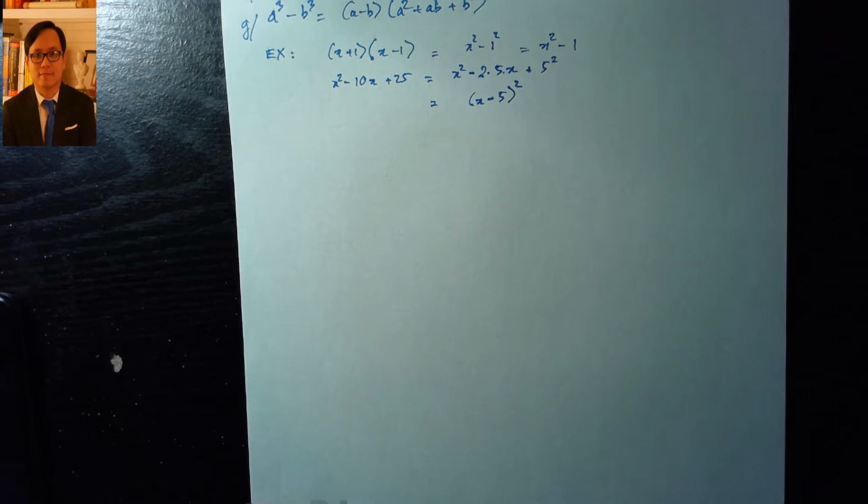Otherwise you have to use the methods we already learned in 7th grade in order to factor a polynomial. We can do the grouping, or we can use the trial and error method.